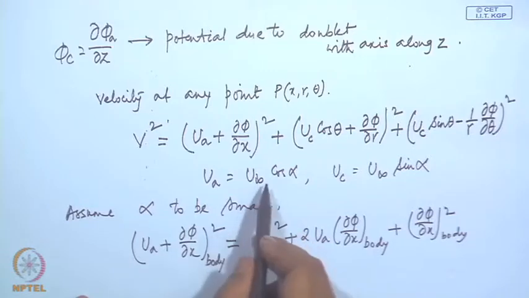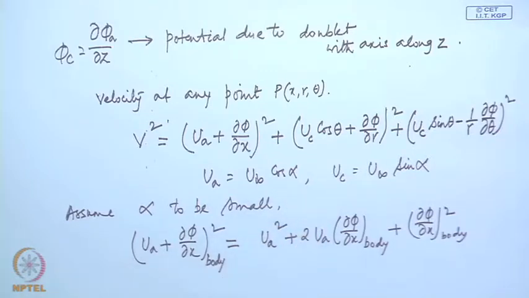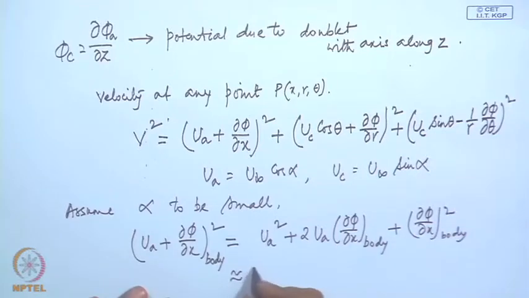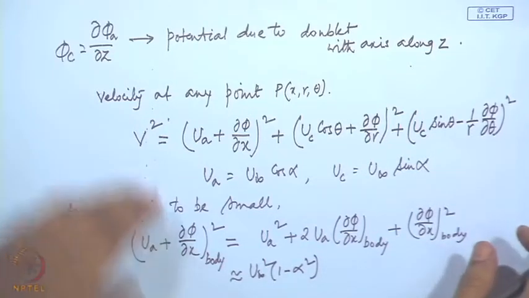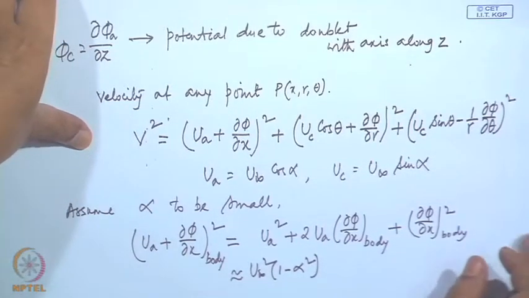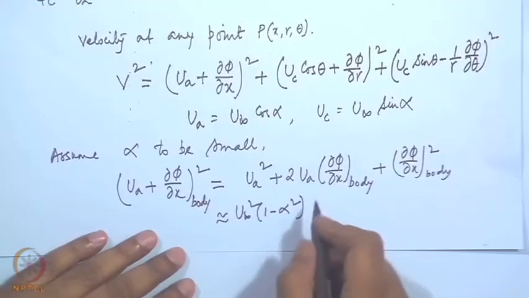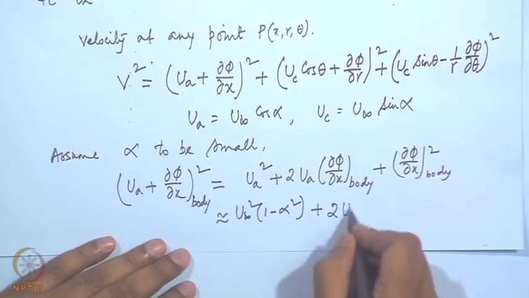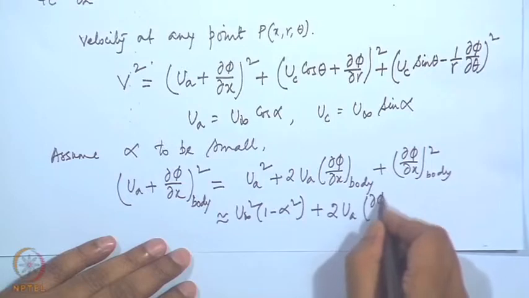Now, u a we substitute u infinity cos alpha, and making the small assumption, cos square alpha can be written as 1 minus alpha square. So, this term becomes this, plus these are written as it is.